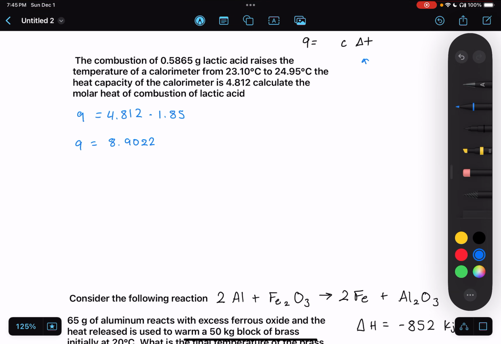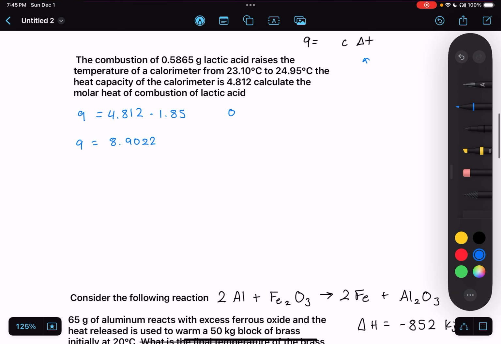Now, the other thing that we need for this one is the moles, right? So they give us 0.5865 grams of lactic acid. Now, I should have looked this up beforehand.